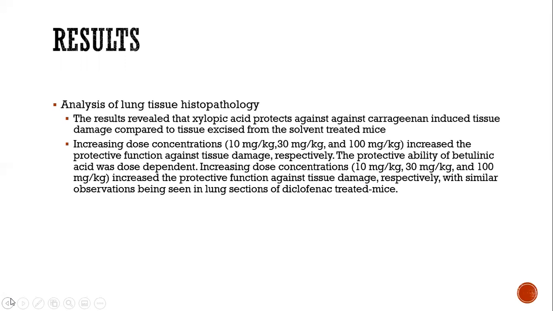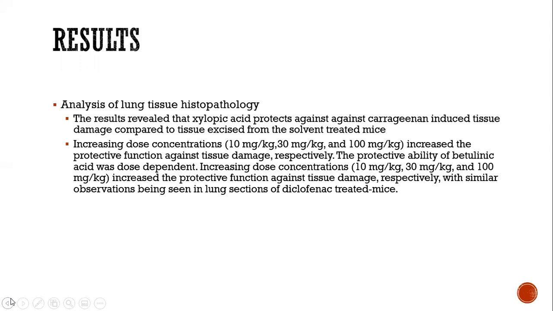After the tests were conducted, the results of the lung tissue histopathology show that xylopic acid protected against carrageenan-induced tissue damage compared to the tissue isolated from those mice which were treated only with the vehicle.